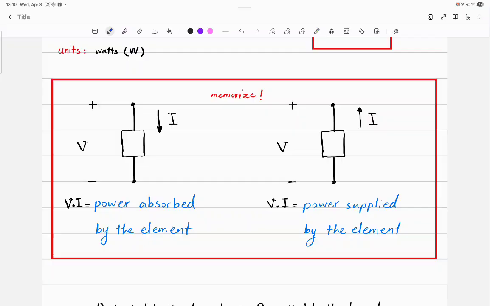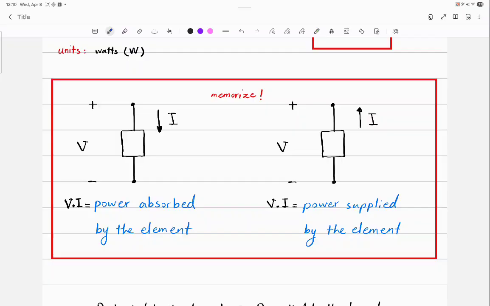As long as there is a label for I and there is a label for V, and I is entering from the positive terminal of V, if you multiply them, it will give you the absorbed power. Am I talking about any negative sign or so? No. So do I care if I is negative? No. Whatever the value is, just put it inside the parentheses and multiply it.